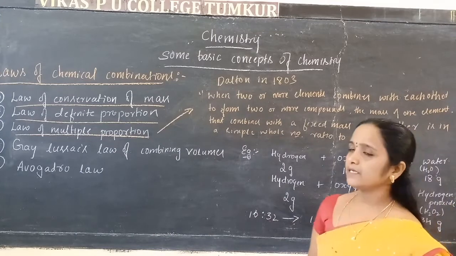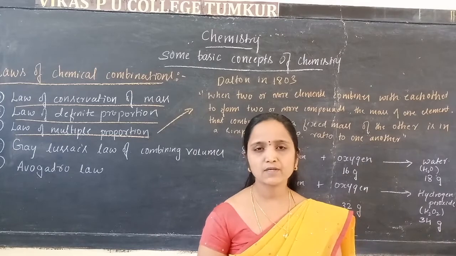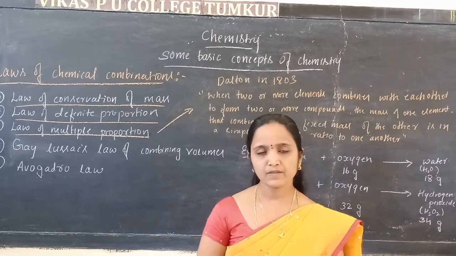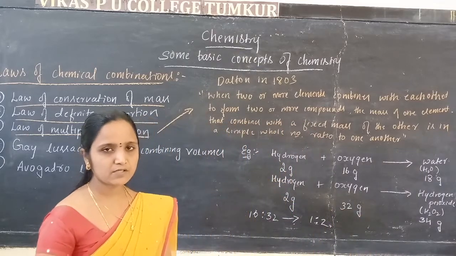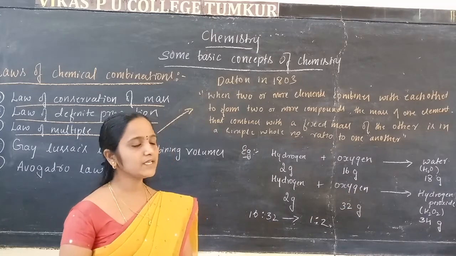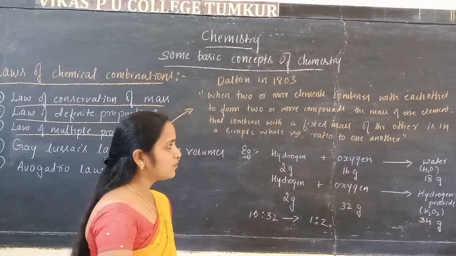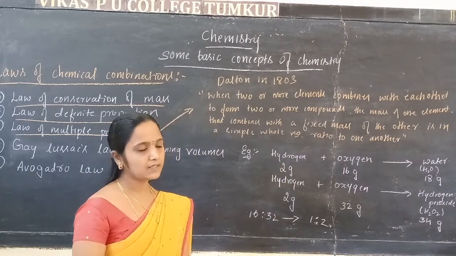When two or more elements combine with each other to form two or more compounds, the mass of one element combines with the fixed mass of another in a simple whole number ratio to one another.